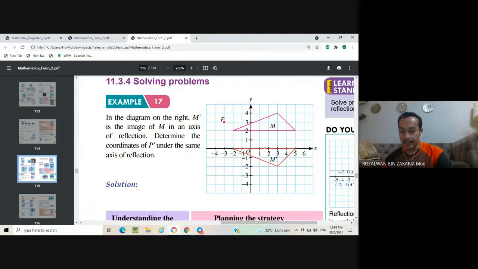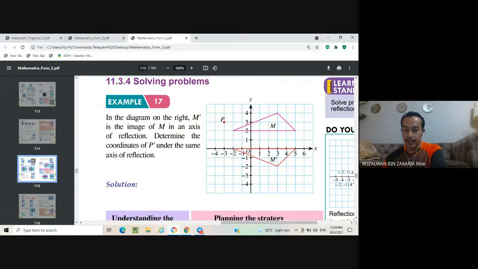It is 2 units, because what is the scale for the y-axis? One box equals 1 unit, if you look at the graph there. From 0 to 1, 1 to 2. That means the scale for the y-axis is 1 box equal to 1 unit. So the distance from this point to this point is 2 units.